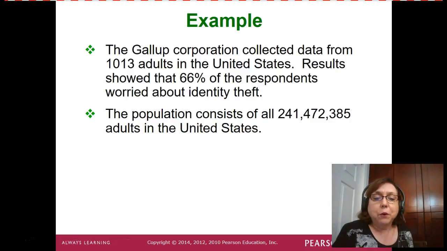Here's another example. The population consists of 241,472,385 adults in the United States. Notice those are only the adults, they're not all the people, excludes the children in the United States. That would have been found by using a census and counting everybody in the population.